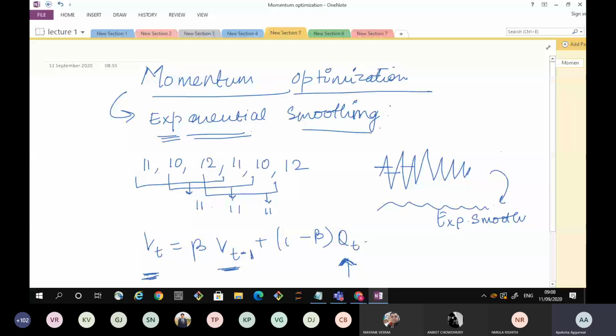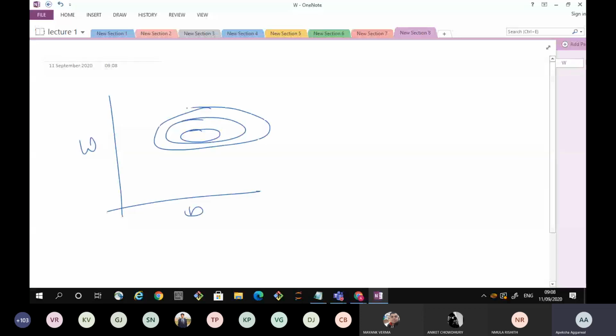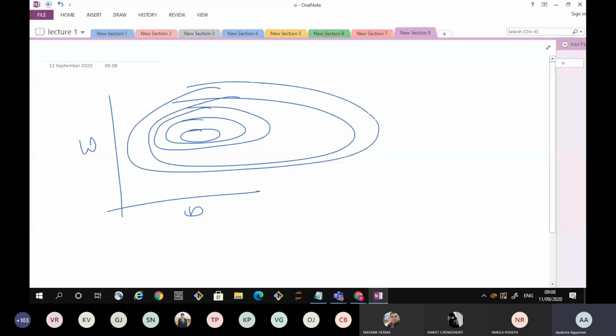So instead of this learning function moving from, let's say, here to here and so on, what if I smooth this function? I'll plot for W and I'll plot for B. It was moving something like this.